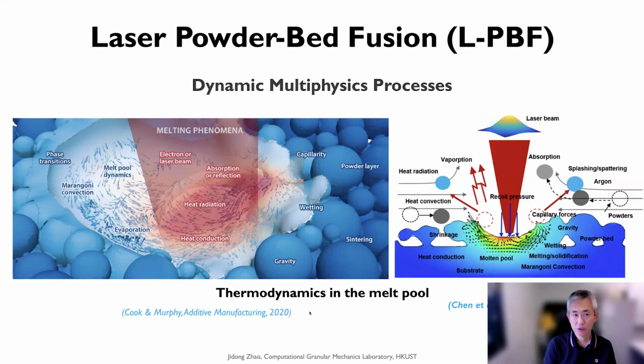But simulating this laser powder bed fusion is a challenge because the whole process is a dynamic multi-physics process here.